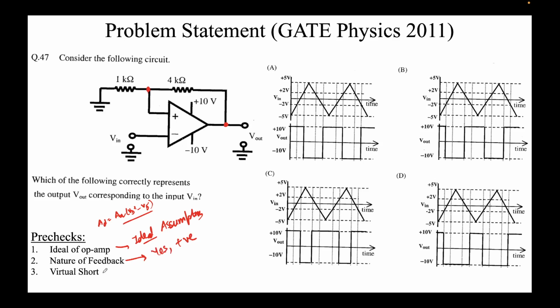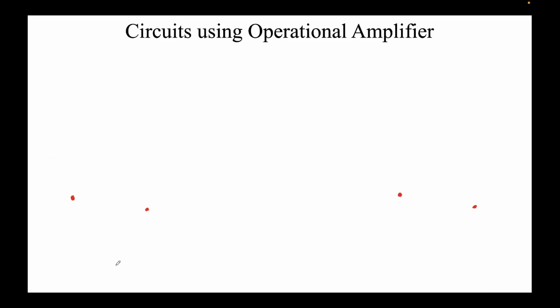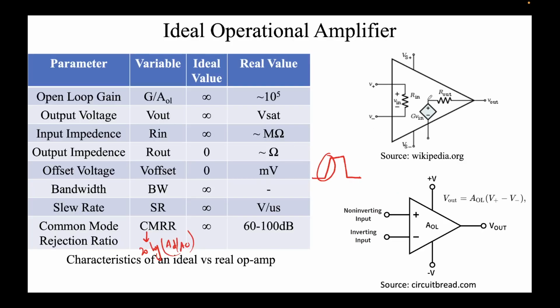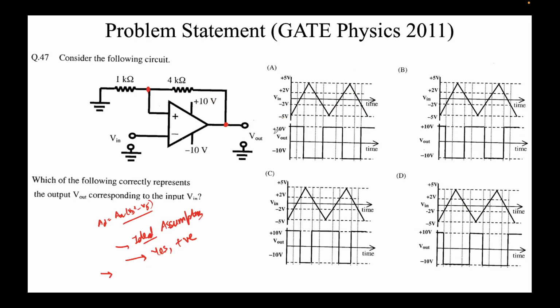Finally, we talk about the condition called the virtual short. If we go to the previous slide, you see there's an Rin, and usually the input impedance is very high, so I'm going to utilize this. So what is virtual short? This terminal is V plus, this is V minus.